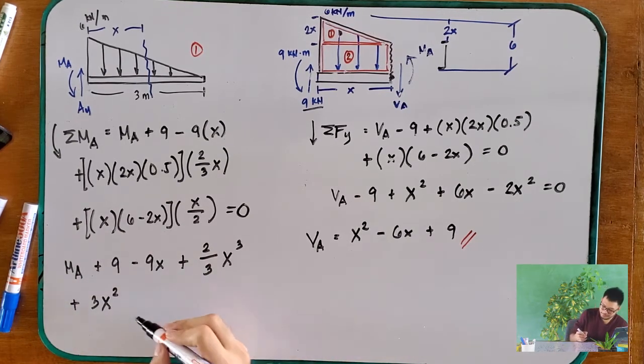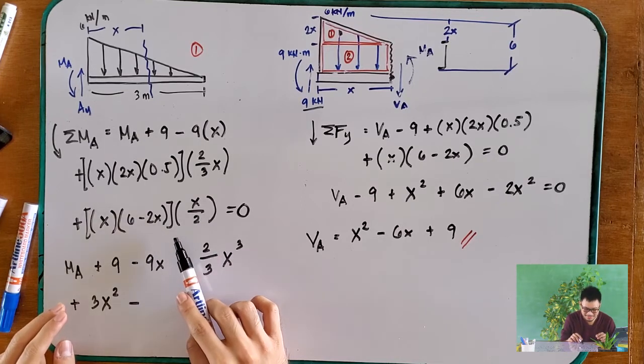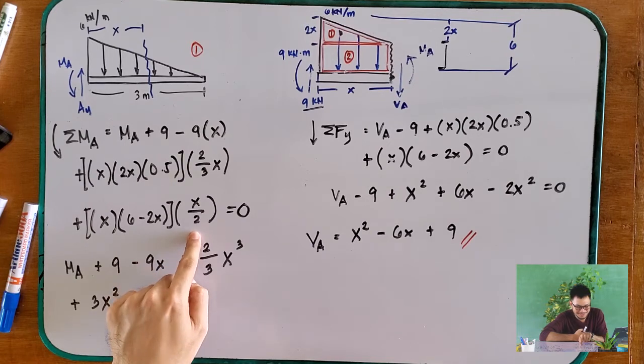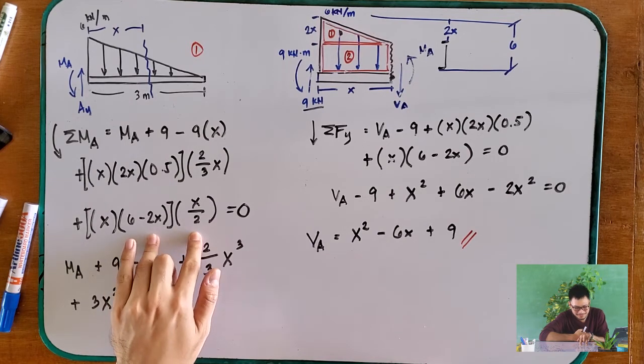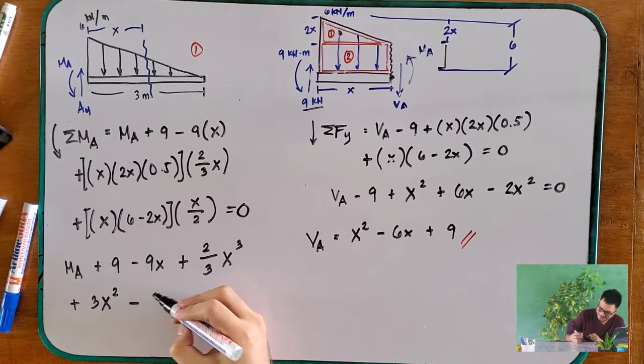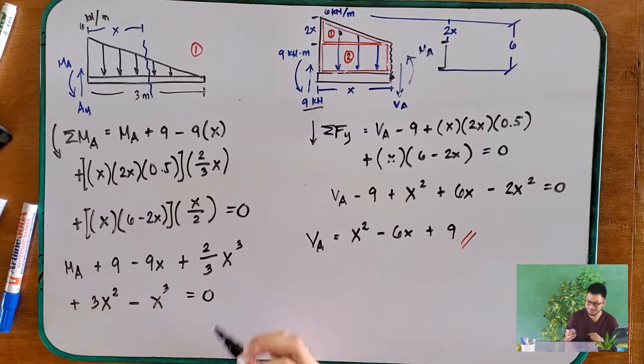This one. Minus, x squared over 2 times 2x. My brain is melting. x squared over 2 times 2x. So the 2 cancels. So, that is x cubed, right? Equals to 0.